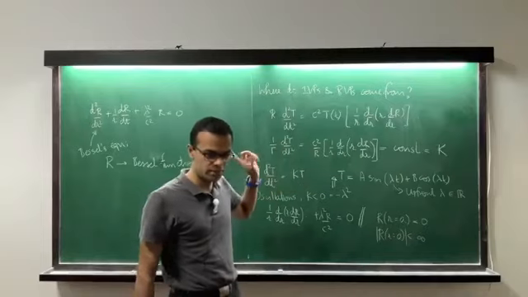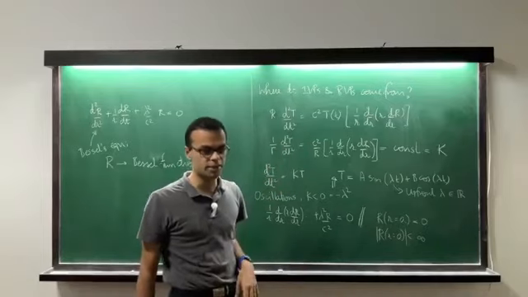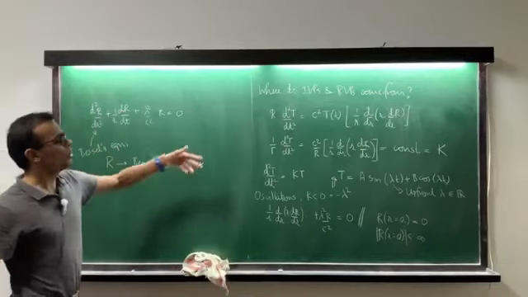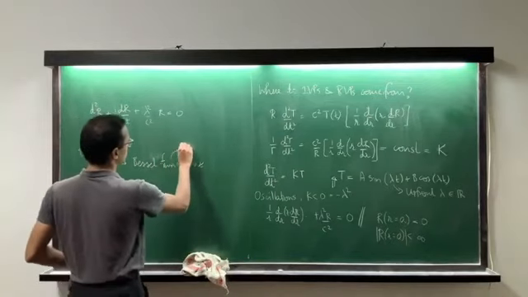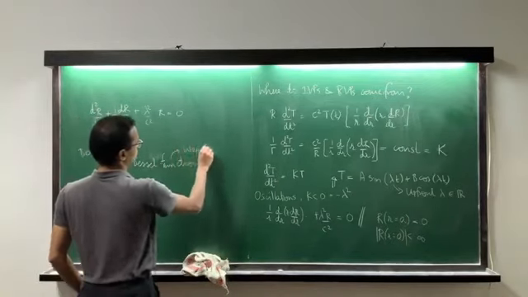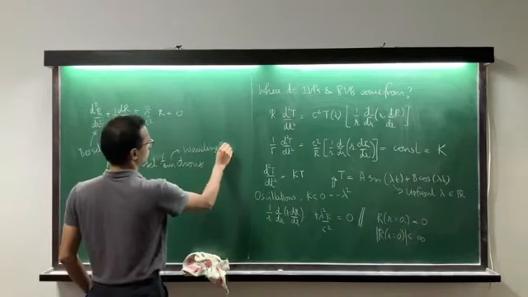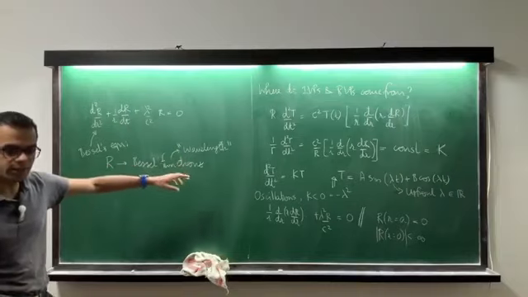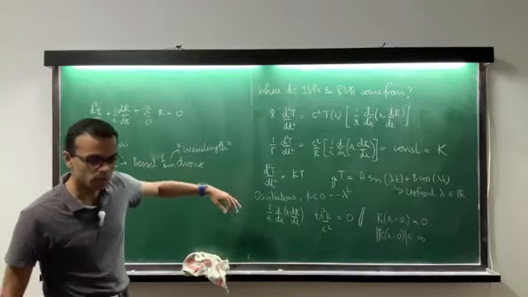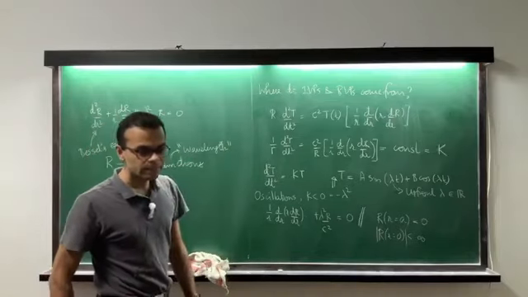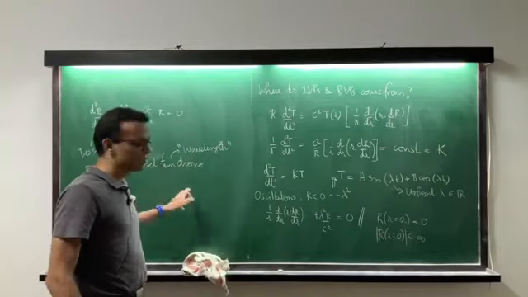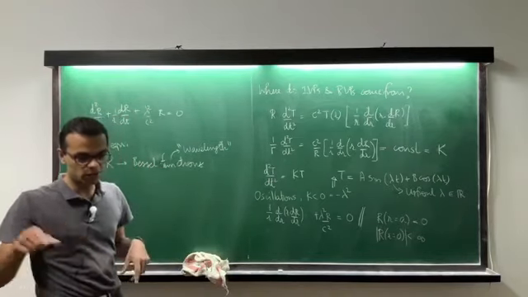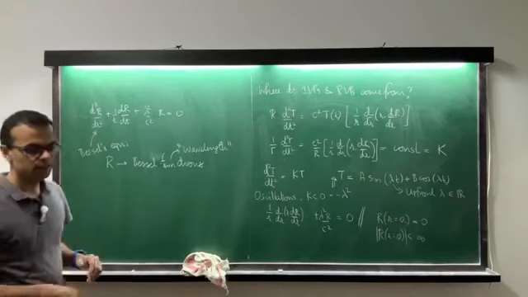I'll show you an example. They also have a frequency, a wavelength. Just like sine of kr and cos of kr have a wavelength 2 pi by k, Bessel functions you can also think of as having, loosely speaking, some wavelength. It's not actually a wavelength because it's not oscillating like sine and cos.